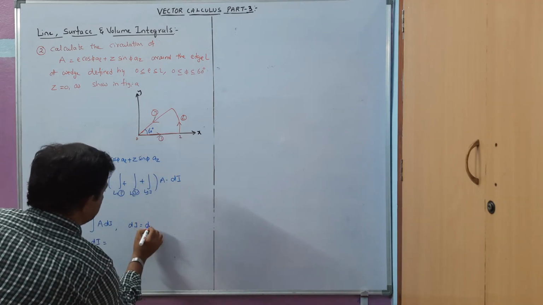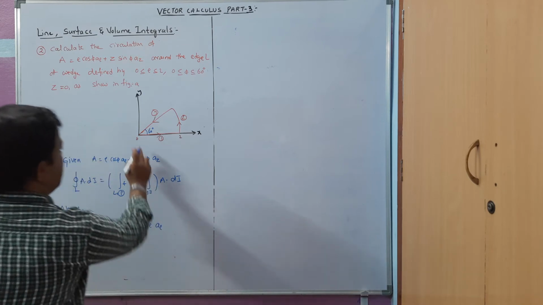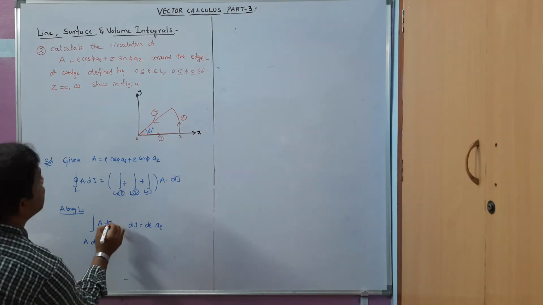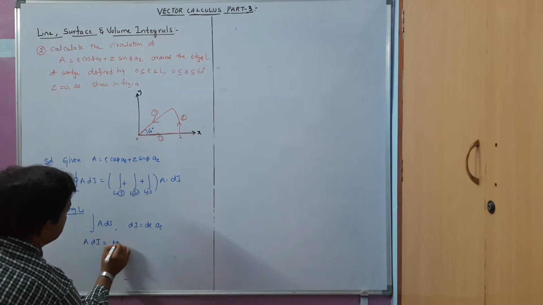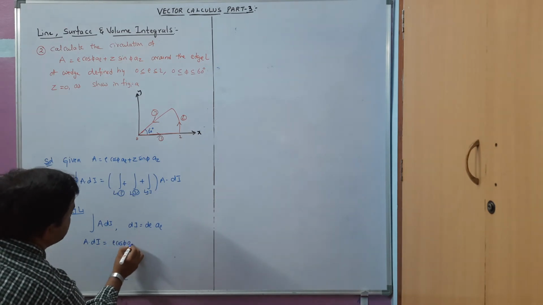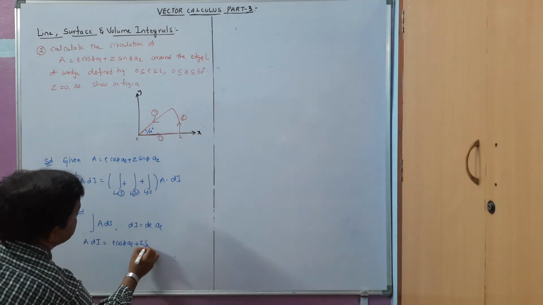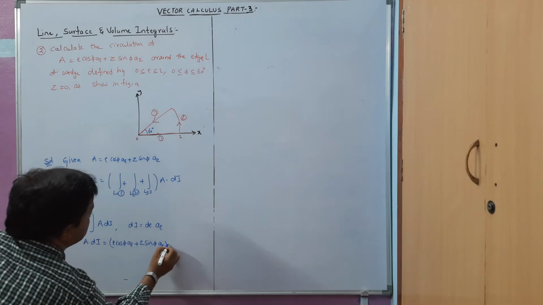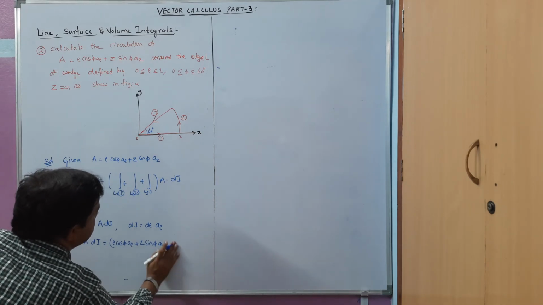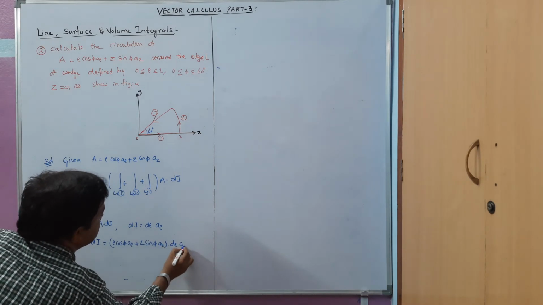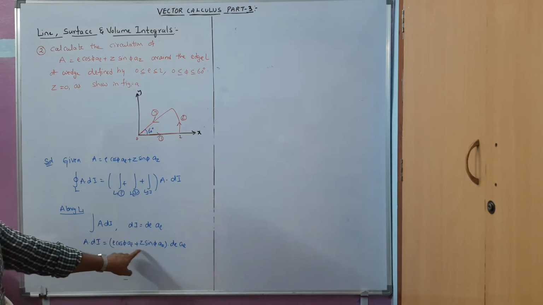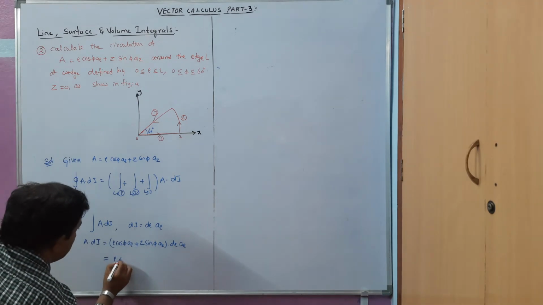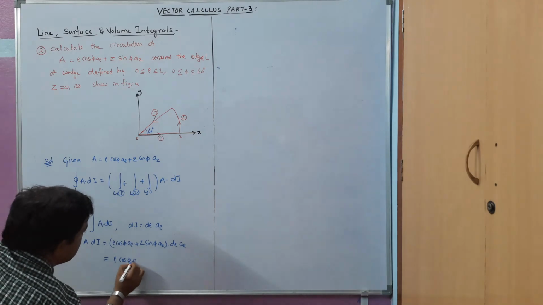So A dot dl is rho cos phi A rho plus z sin phi Az dot d rho A rho. So the dot product of A rho dot A rho is 1 and Az dot A rho is 0. So I get here rho cos phi d rho.